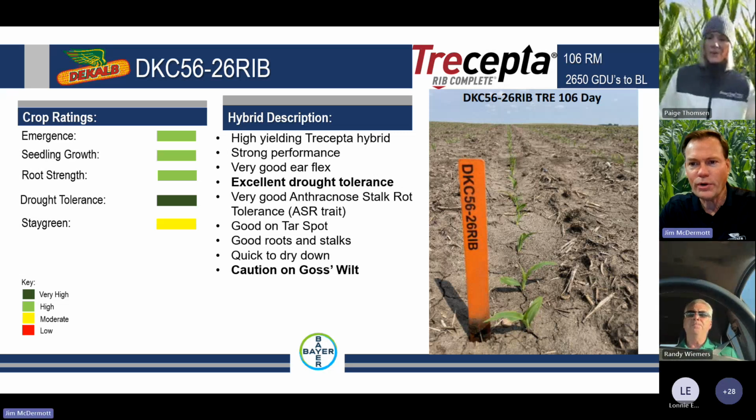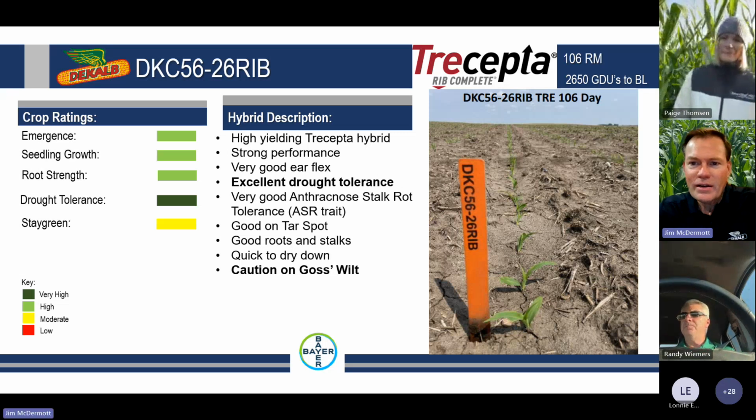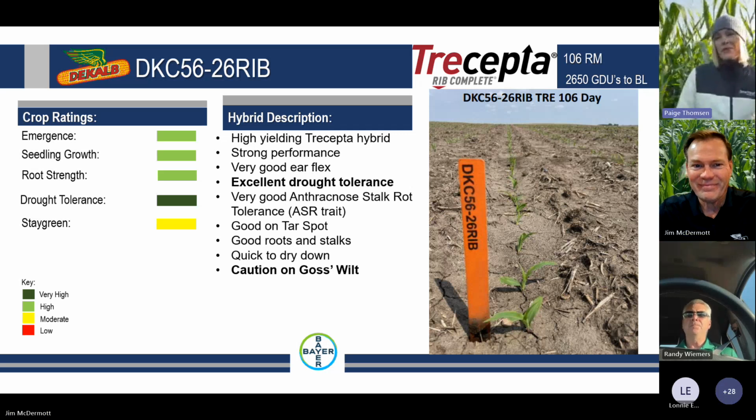Paige, we are at the point where we're getting to the spotlight product of the session. Yeah, 5626 Tercepta. Jim, this one has been really, really good for us the past couple of years. As far as the drought tolerance on it, it comes from both sides of the pedigree.